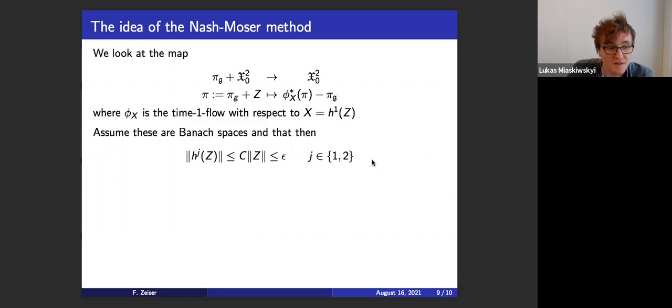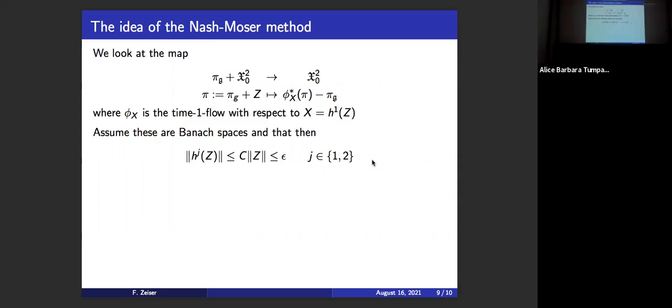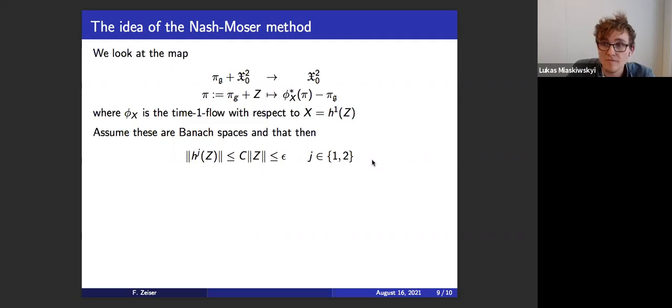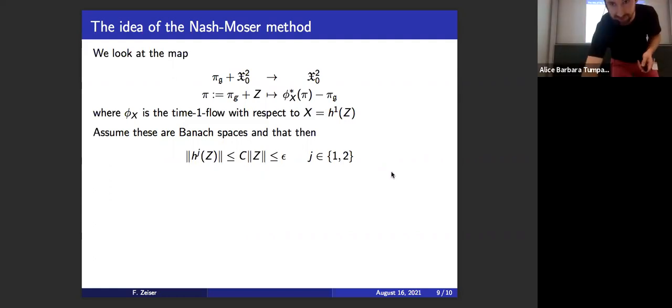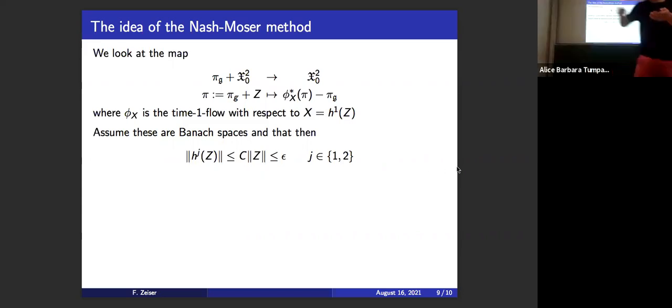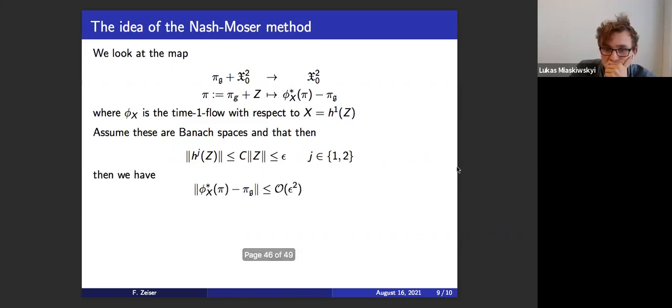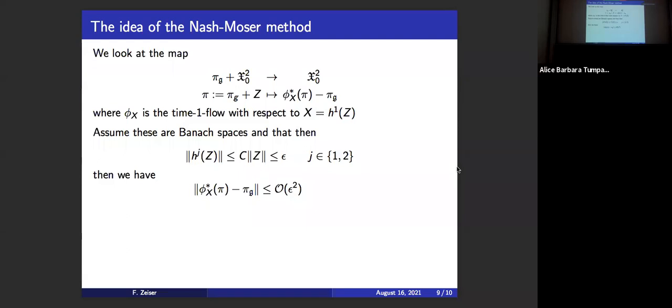Okay, basically what one can show is, in a more... What one roughly obtains under this assumption is that the map one has is actually a contraction, so that the norm of the image can be bounded by epsilon squared.